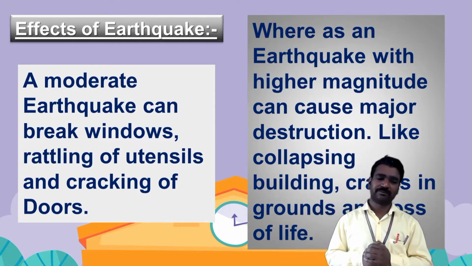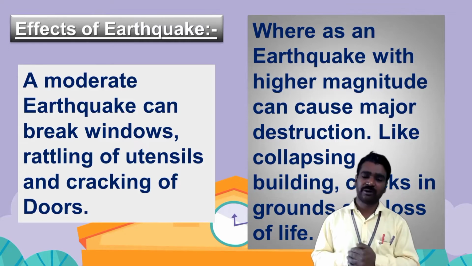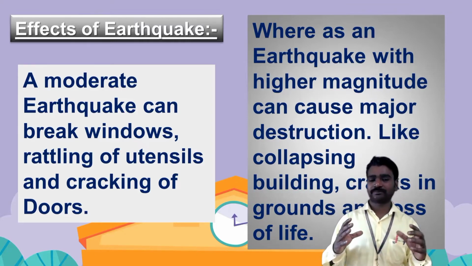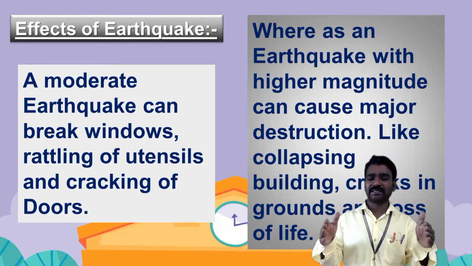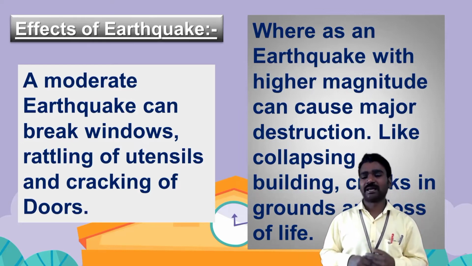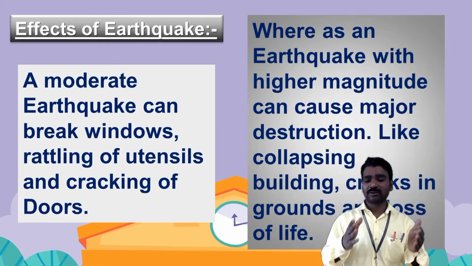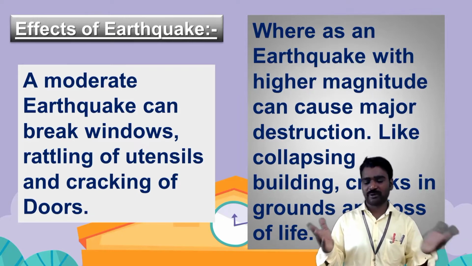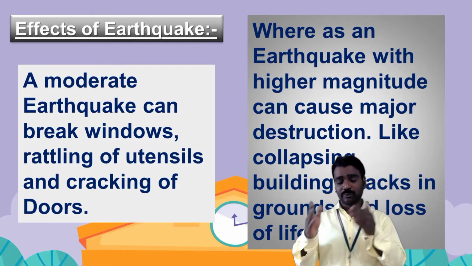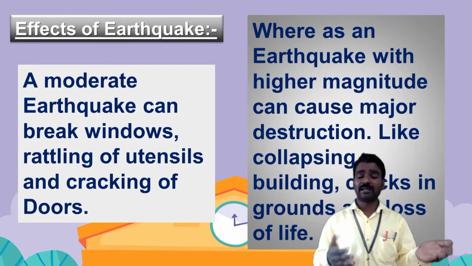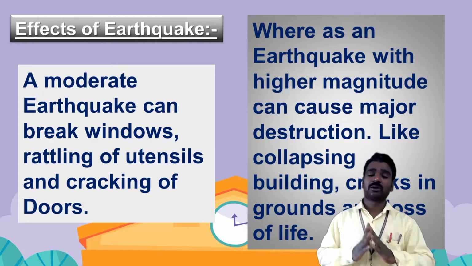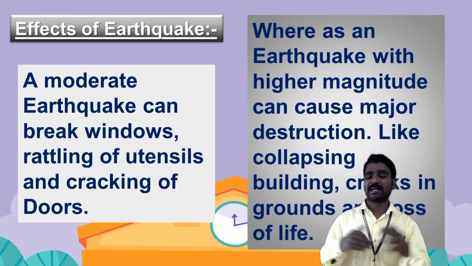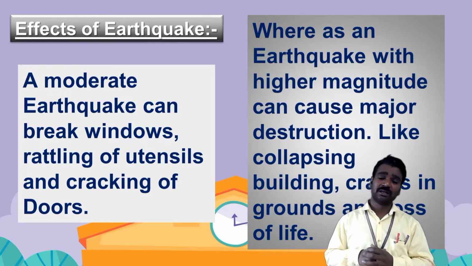As I said in the last part of the video, the intensity of an earthquake is measured in magnitude. Earthquakes of 1 or 2 magnitude will not be felt. 3 to 4 magnitude may be felt, but they may not cause loss of lives or damage to property.